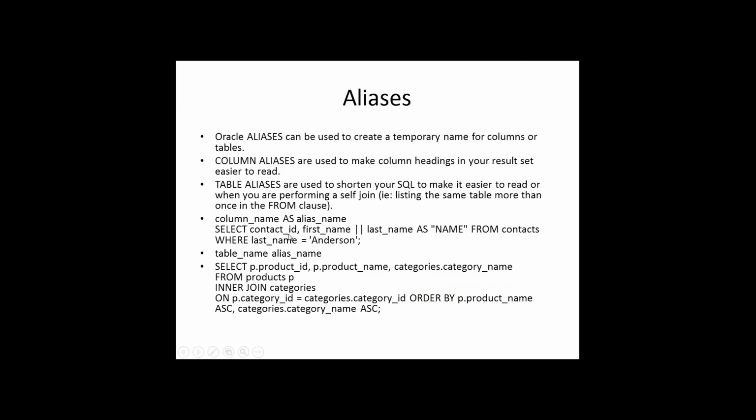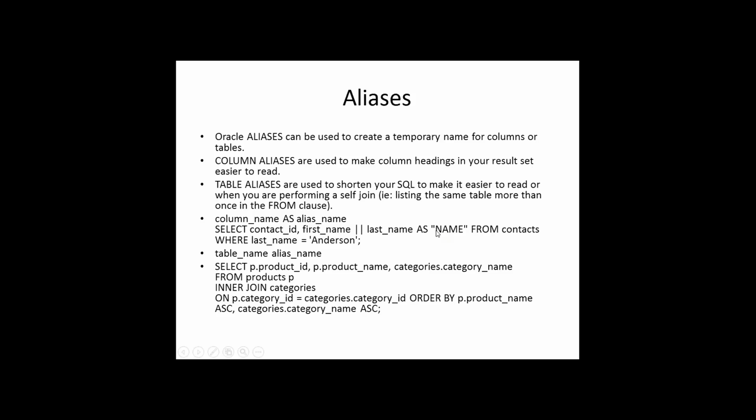So coming to this example, column name alias. We have a contact ID, first name and last name. Most of the time we store first name and last name in two different columns. If you want to show the first name and last name together, we use a concatenation operation, and that will give a vague column name.